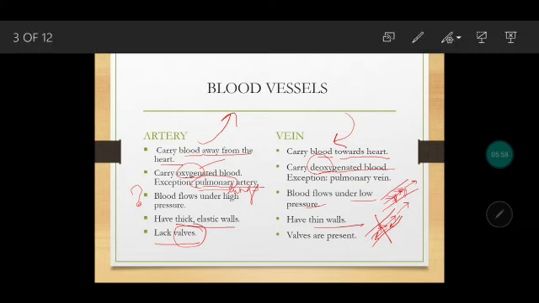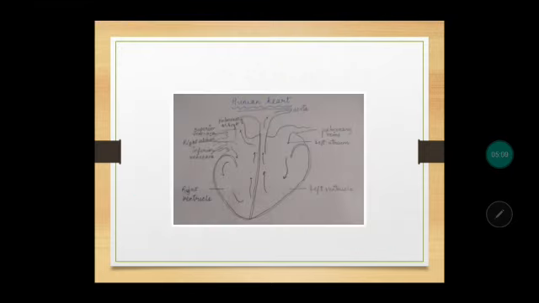Now coming to the human heart. See, here I have drawn a very simplified diagram of the human heart to make you understand the concept. Firstly, I think it is clear that an artery is a blood vessel which carries the blood away from the heart, and veins carry blood towards the heart.